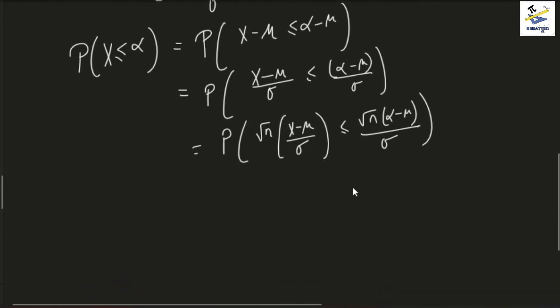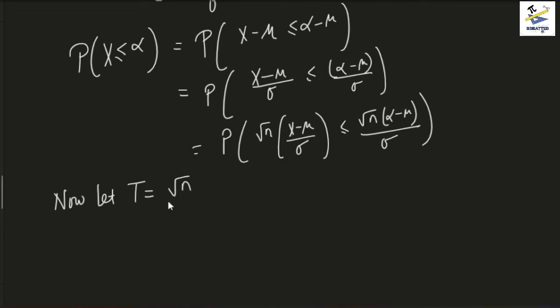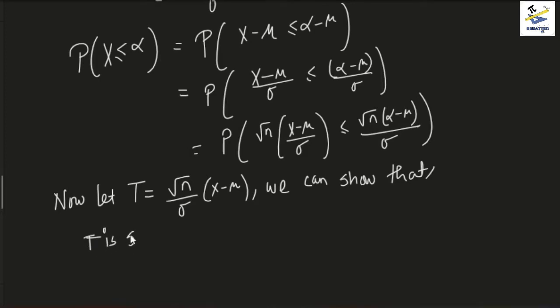Now we have (x minus mu) by sigma multiplied by root n. Now let t equal root n by sigma into (x minus mu). We can show that t is standard normal.